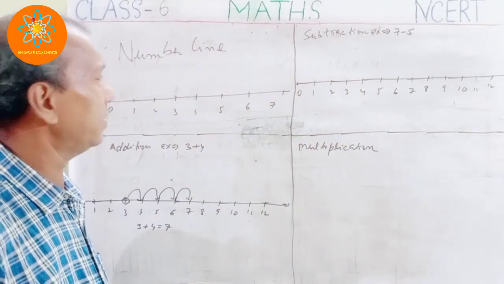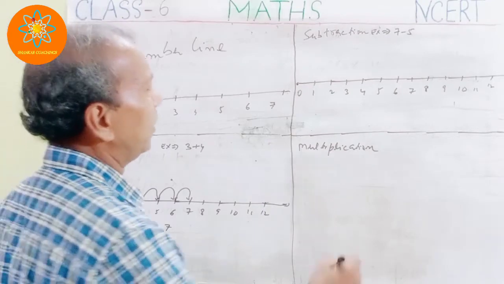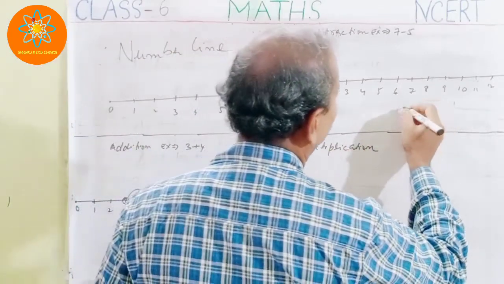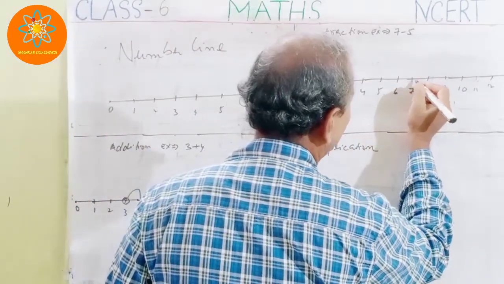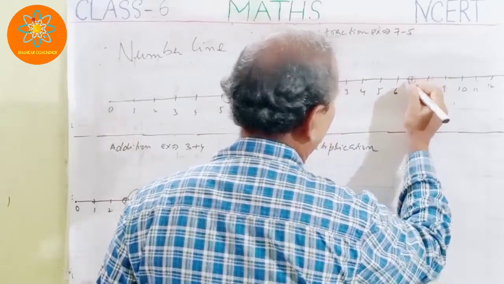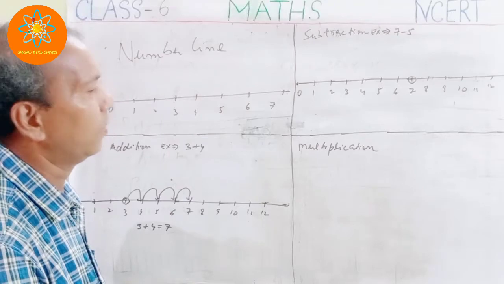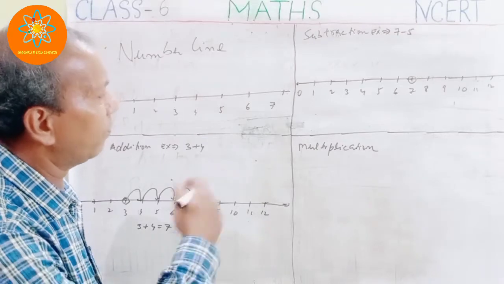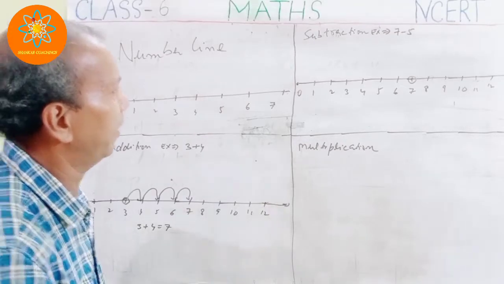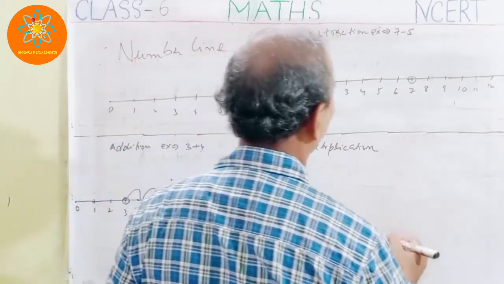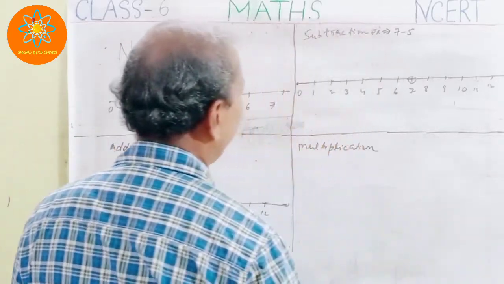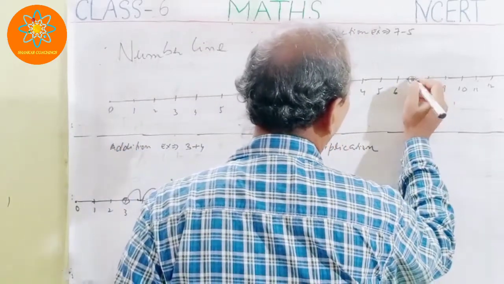I want to find 7 minus 5. So first of all, I will locate this 7. Then this is the subtraction, so I will not go in the forward direction. I will go in the backward direction. So 7 minus 5, backward direction I will go.